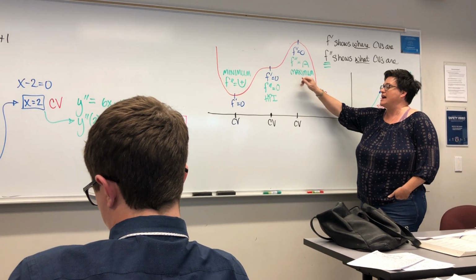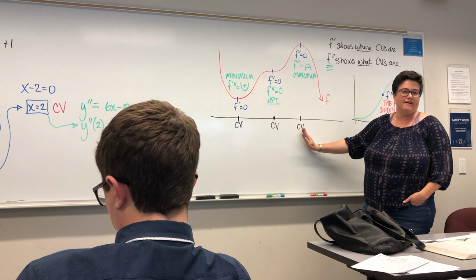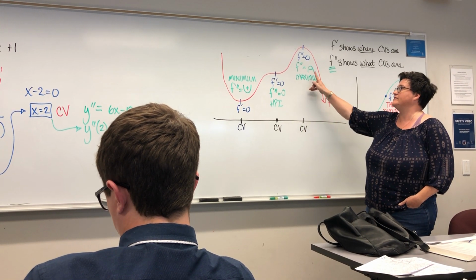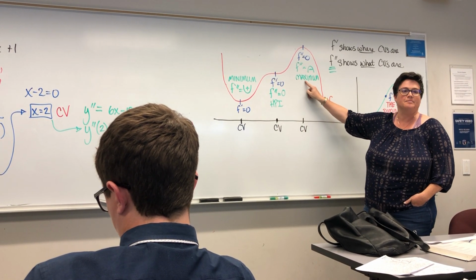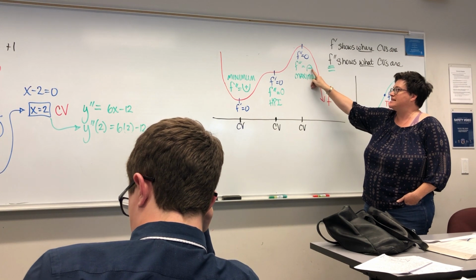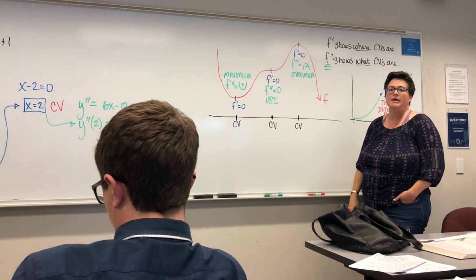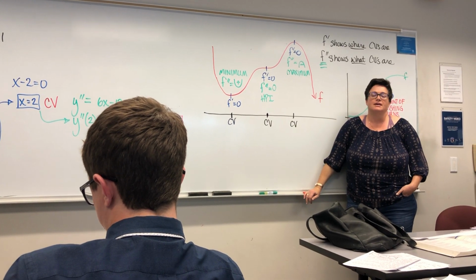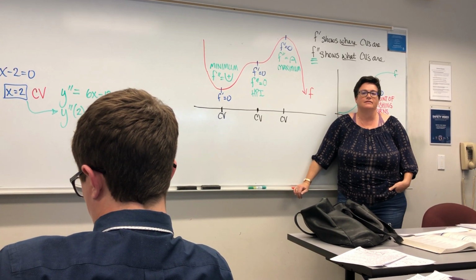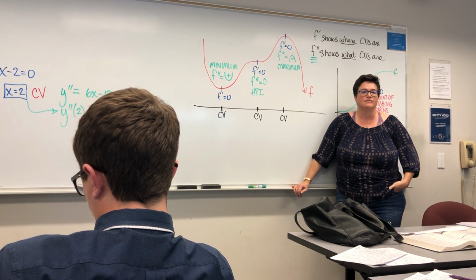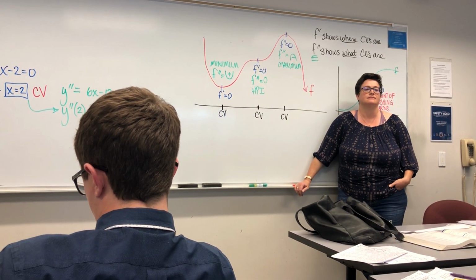If you plugged that critical value, that x value that you found in the first derivative into the second derivative and you get a negative answer out, that's a maximum. That pretty little picture, that sad face there, has a maximum built into it. So it's all about what answer you get out of the second derivative. Is it positive, is it negative, is it 0? That tells you what it is.